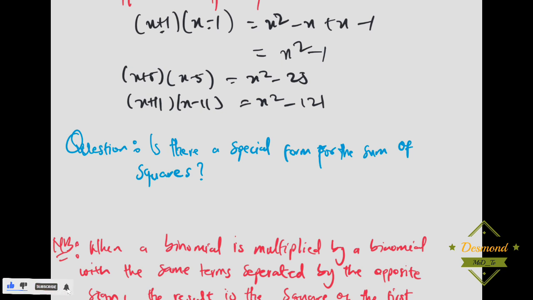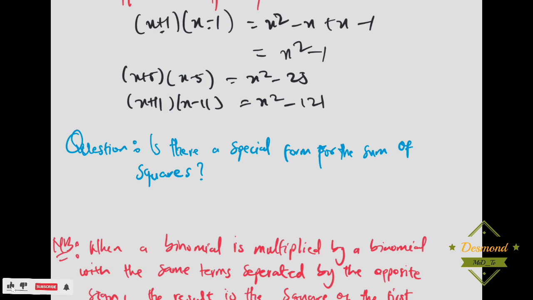So my answer is no, and my reason is the difference of squares occurred because the opposite signs of the binomials cause the middle term to disappear, and so there are no two binomials that we can multiply to equal a sum of squares. I hope you got your answer correct.